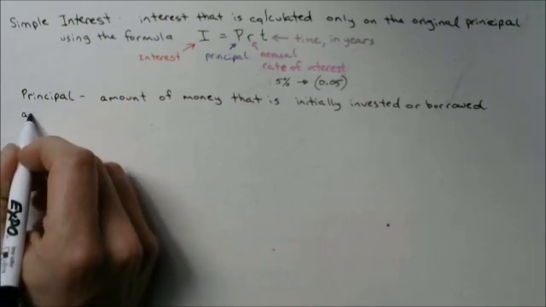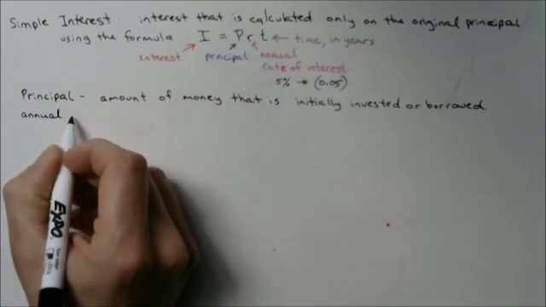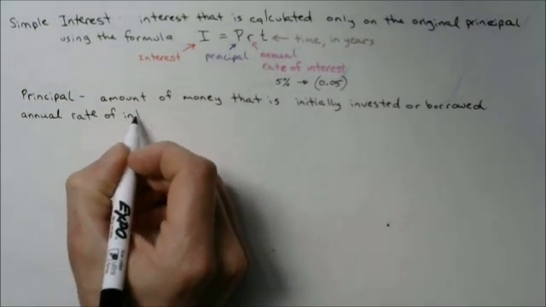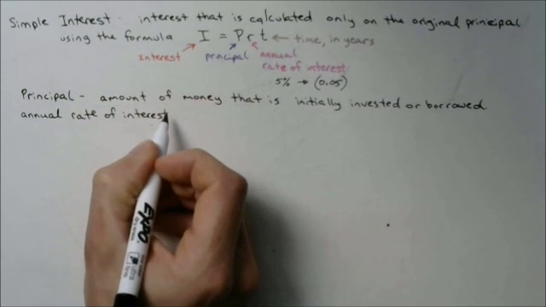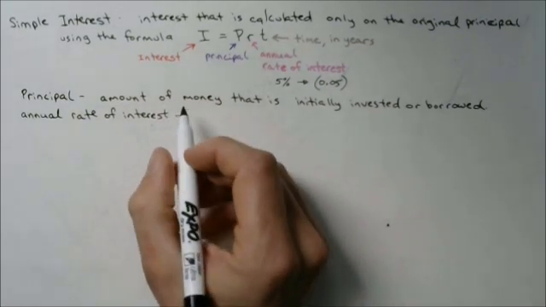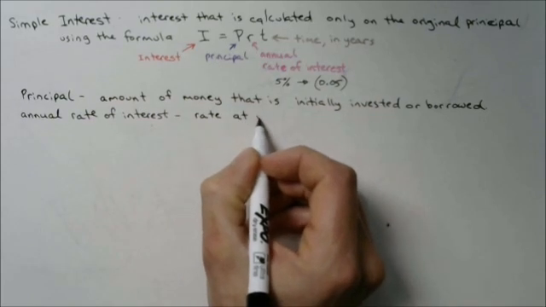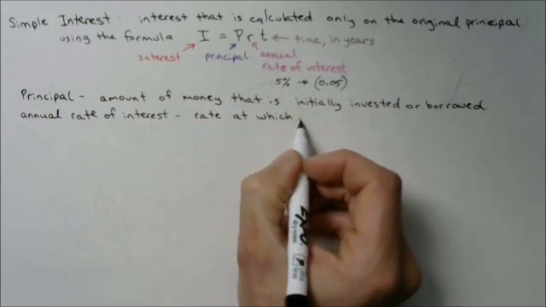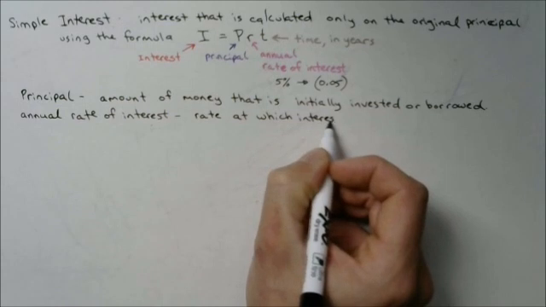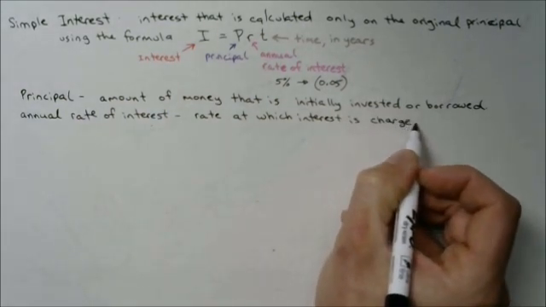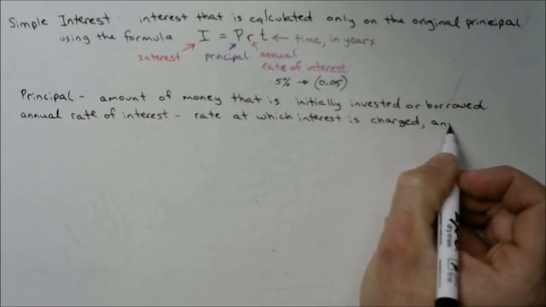And we have our annual rate of interest. Annual rate of interest is the rate at which interest is charged, comma, annually.